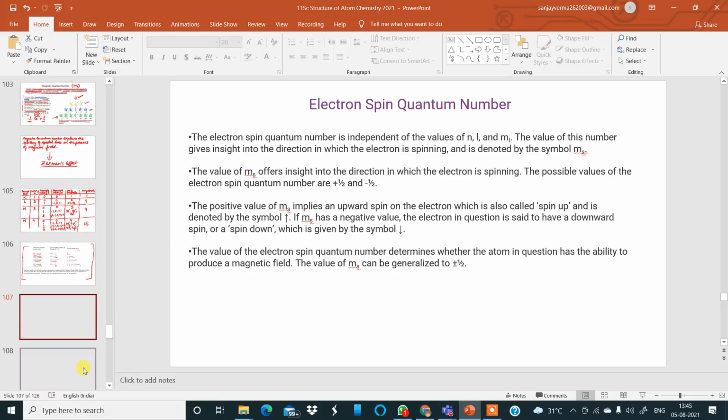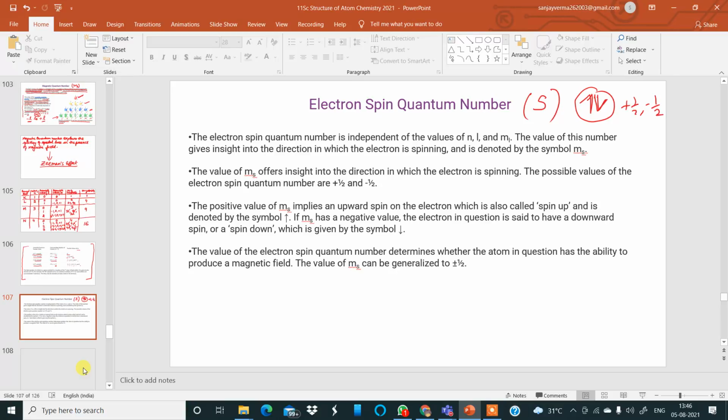Now have a look at the next and the last quantum number in your syllabus, which is called s, the spin quantum number. The symbol is like this: clockwise spin, anti-clockwise spin, or plus half or minus half.